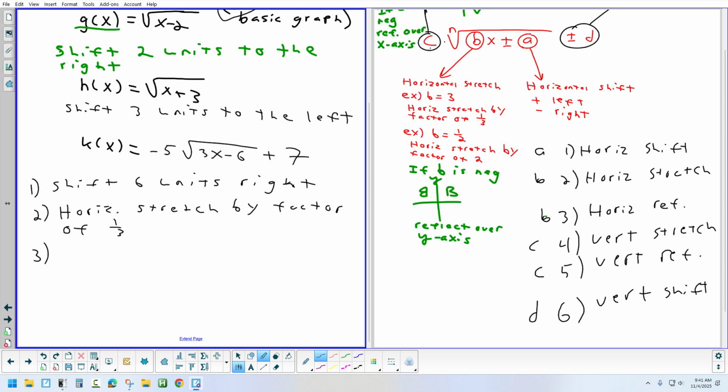Okay. What's the next number we look at? Negative. Not yet. Negative is going to be step 5. We still have something to look at in step 4. So what number there? The 5. Yeah. Just looking at the 5. What's the 5 do?